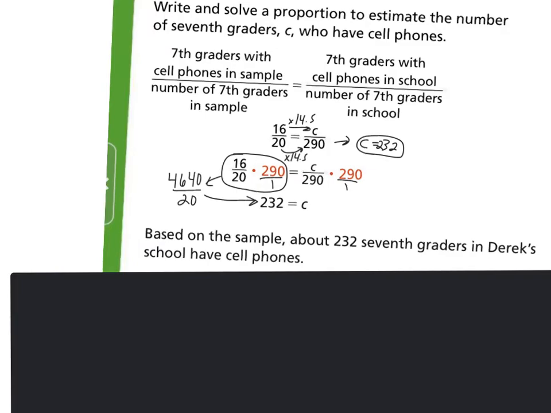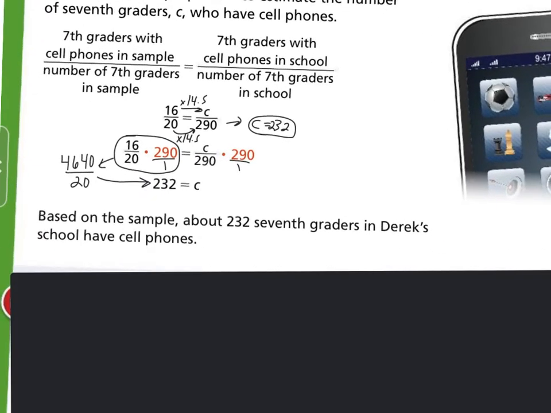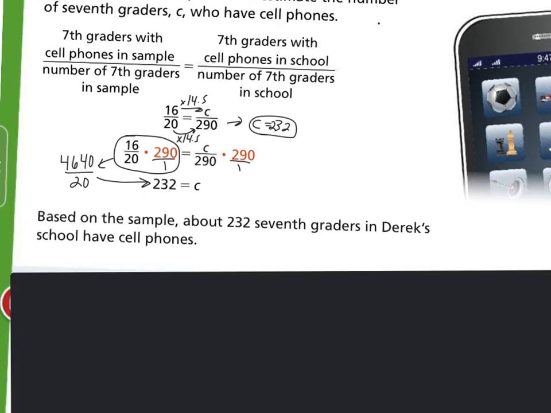Another way you could work this out is you could say, well, if 16 out of 20 have cell phones, if you take 16 divided by 20, you get 0.8 as a decimal. A percentage would be 80%.